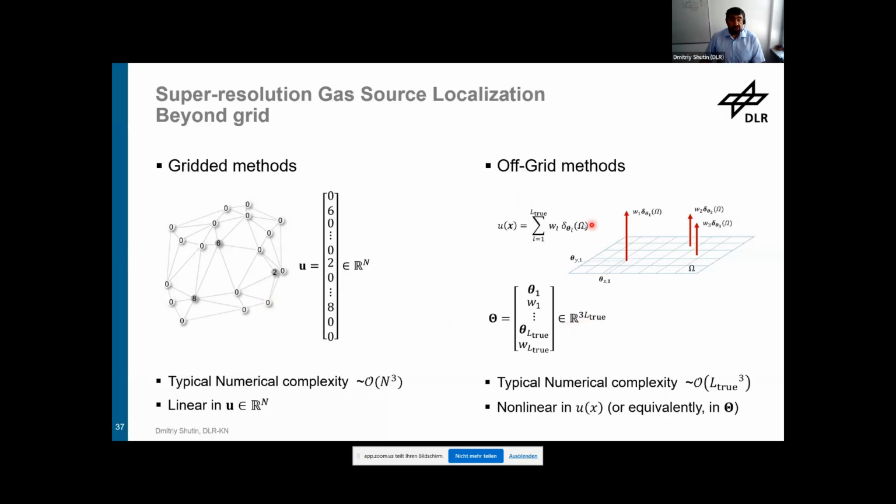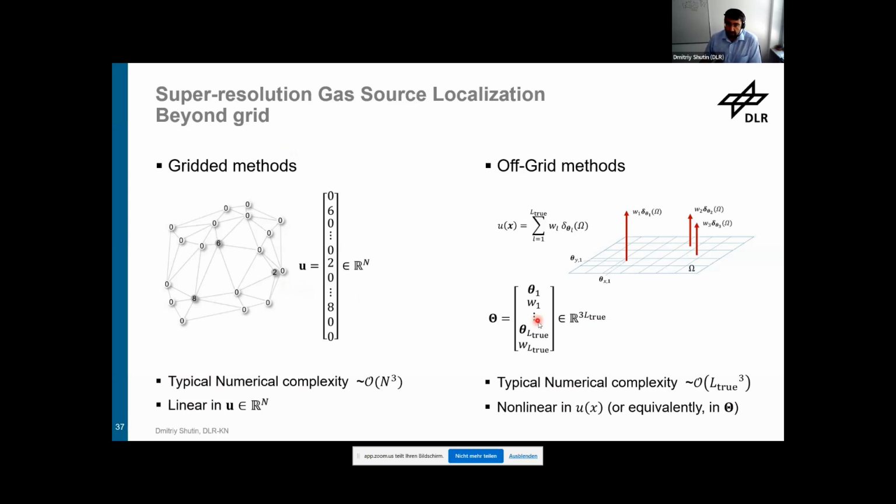So the dimensionality of the problem that we have to deal with here is significantly lower. Of course, we do not know the true number of components, but we expect that the true number of components is relatively low. So even if it is 50 or 100, we are still significantly lower than the complexity of the gridded method.